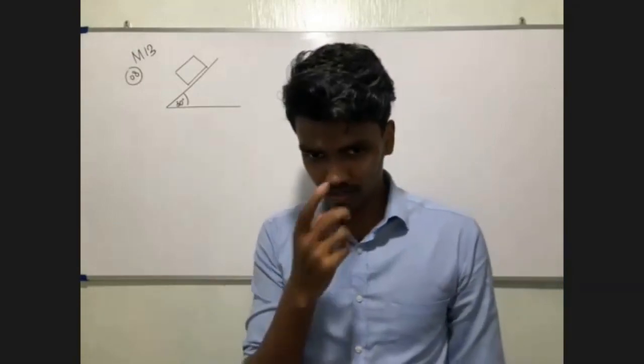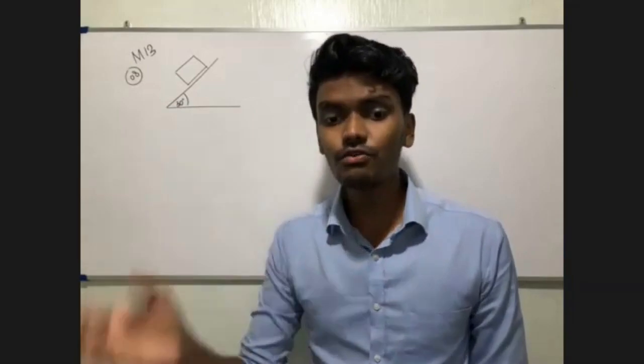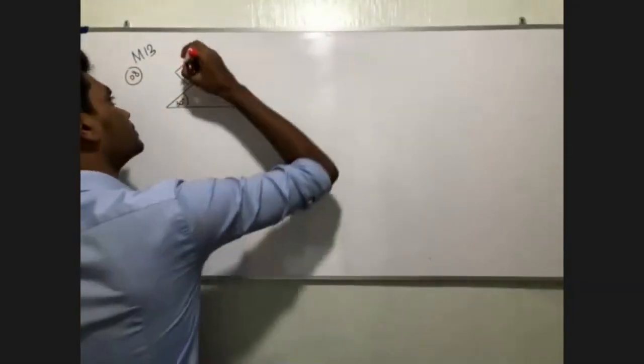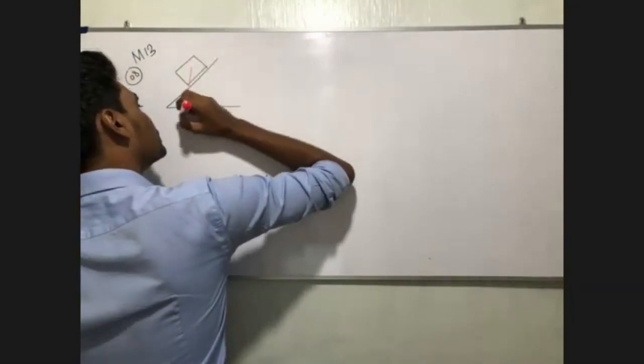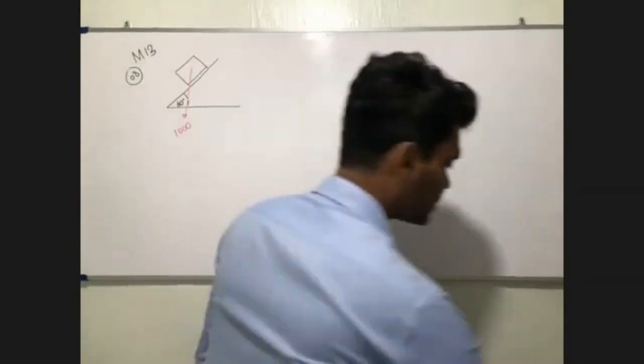Now, they're saying a car of mass 1000 kilograms. Mass is 1000 kilograms. I'll draw this somewhat bigger.